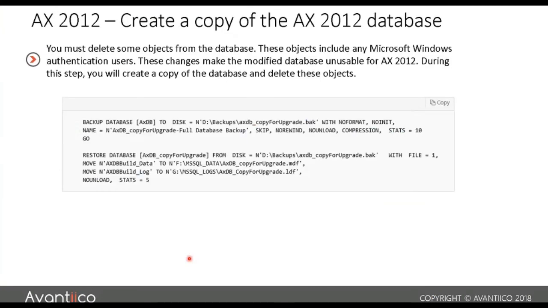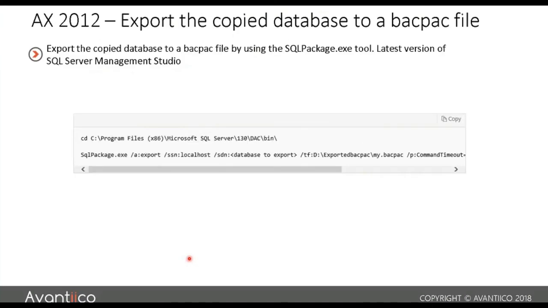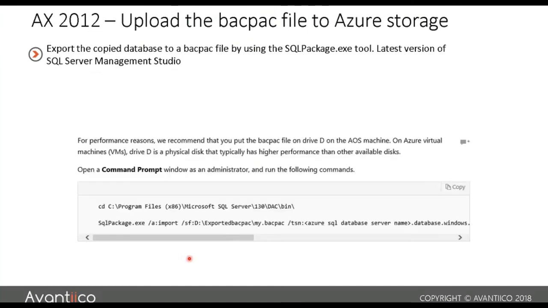So again, you copy the database. This is just going ahead and copying that. You would then run some commands to massage and delete some data that's not supported in Azure SQL database. Once you've done that, you would run the SQL package to export that data.